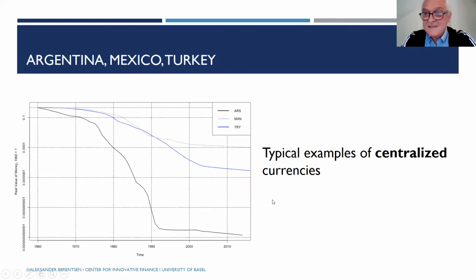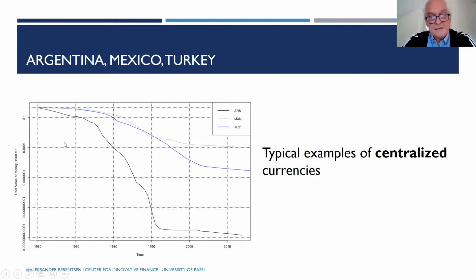Now, this is a typical example of centralized currencies, what you see here. This is coming from my part. The BIS is not talking a lot about this phenomenon, but what you see here are three currencies: the Argentine peso, the black line, the Turkish lira, and the Mexican peso. This is across 50 years, from 1960.